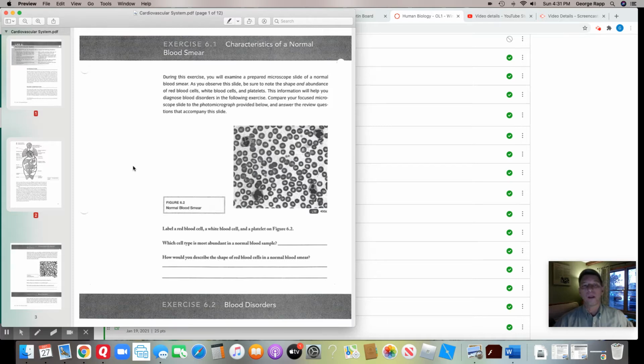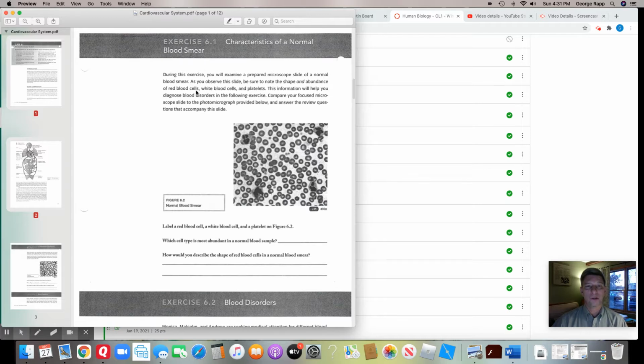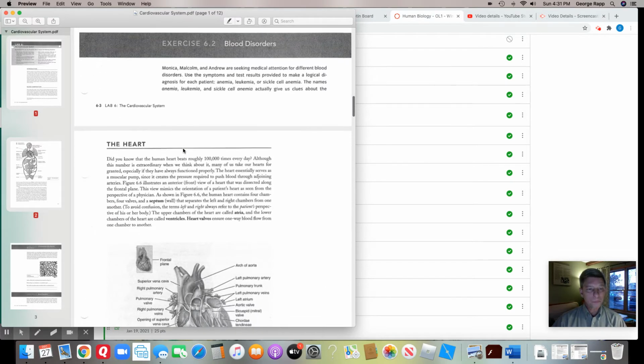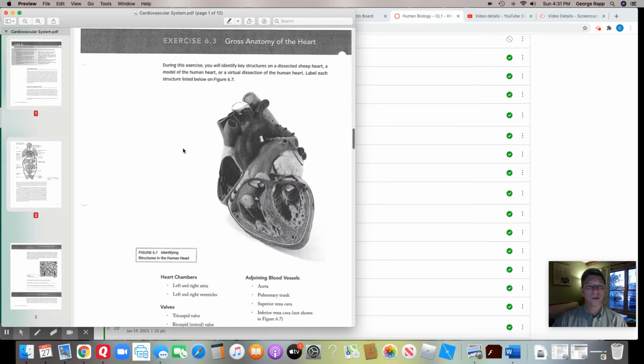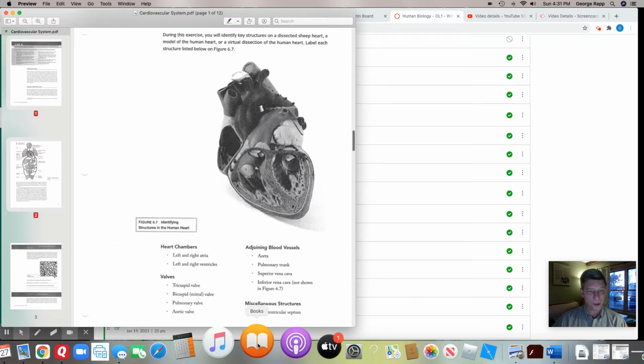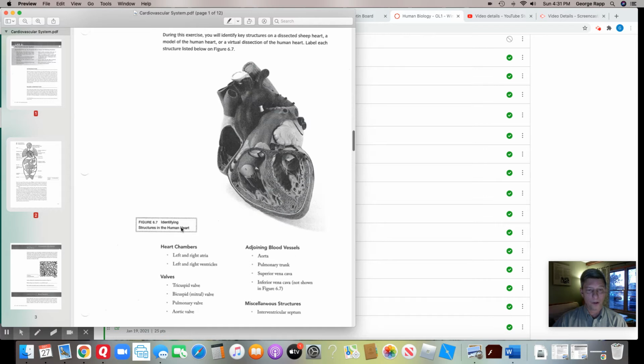All right, so anyway, the first thing for the cardiovascular system lab is exercise 6.1. A little bit more information. Exercise 6.3. Here, I'm going to ask you to label a photograph of a model of the heart. The things that you need to label are shown down here at the bottom of this page.